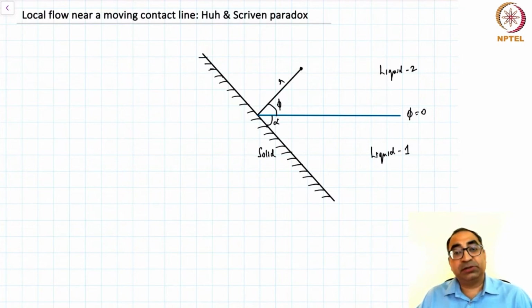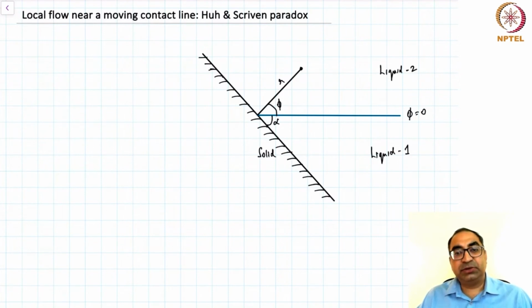We will also see that the solution is local in a very peculiar sense. The solution will not be valid very, very close to the contact line. It will also not be valid far away from the contact line because of the assumptions that were made, such as the interface being flat and absence of inertia and so on.